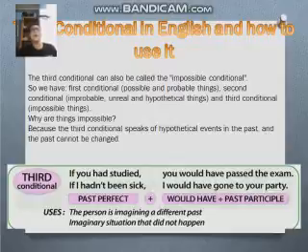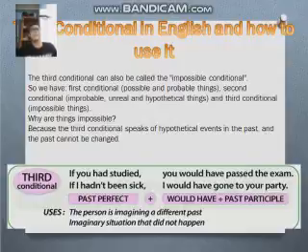In these sentences, both the condition and the hypothetical consequence are things of the past, but there is another type of conditional that is called mixed. We can mix past and present.